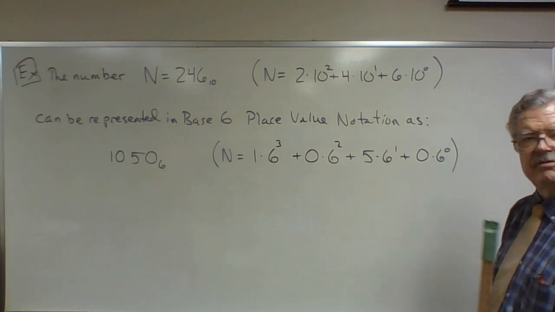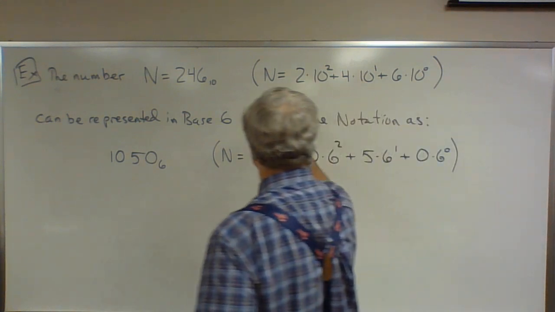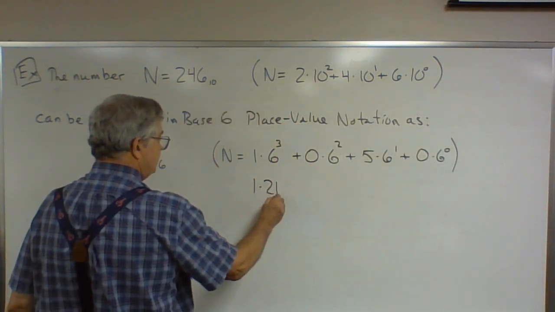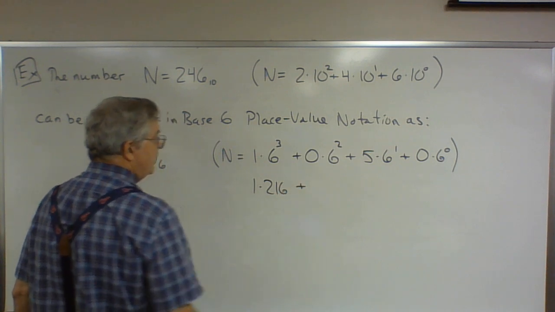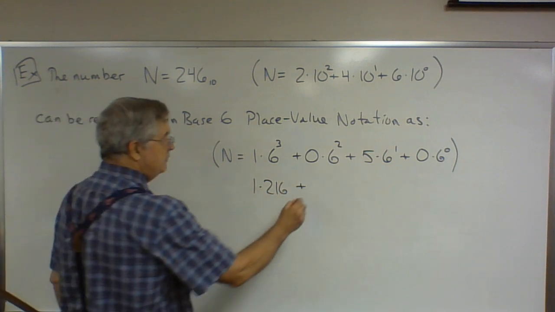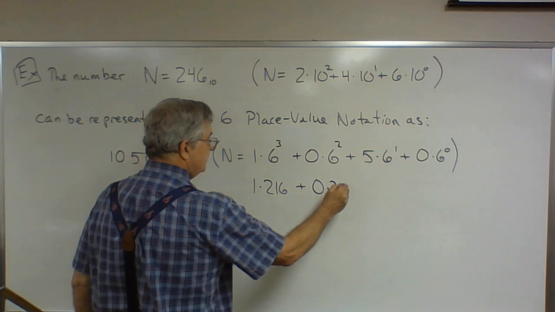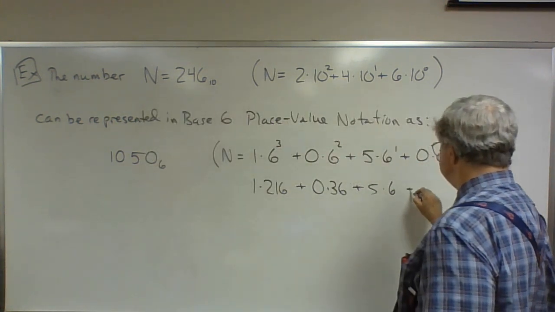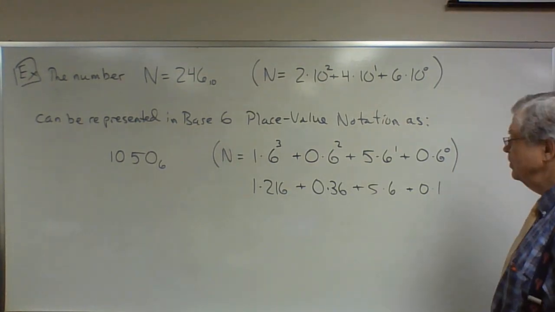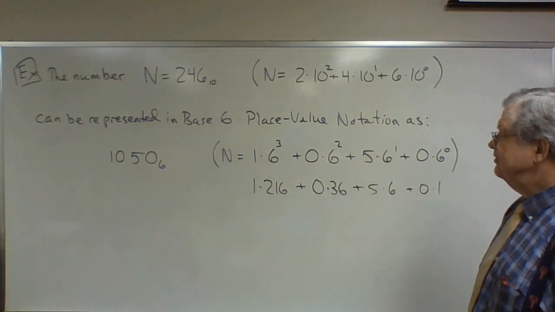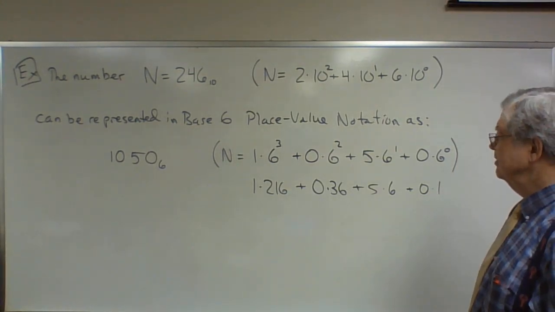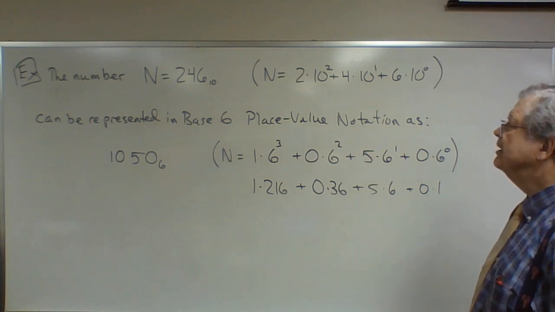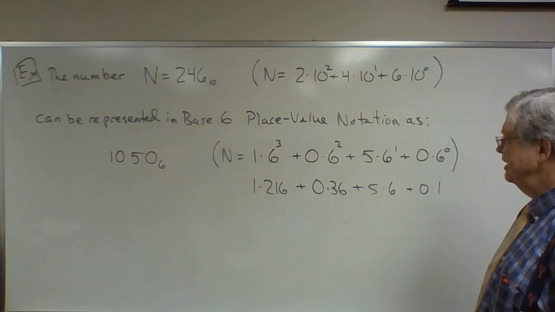Let me just convince myself that that's correct. Let's see. 6 cubed, I think, is 216 plus 0 times 36 plus 5 times 6 plus 0 times 1. That doesn't look right.